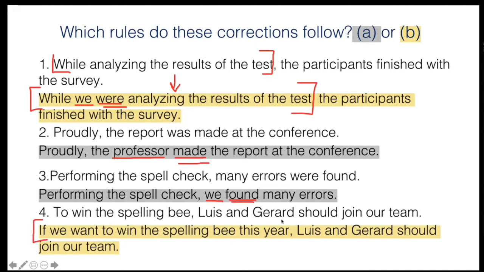We just decided to do it this way. If we want to win, something, something. So these are the 2 strategies we normally use. Of course, you can completely rewrite the sentence. It's up to you as well. You can just do it from scratch. But if you look at your writing and you like your sentence, but you feel that probably there is a dangling modifier, what can I do with this? Either add a subject or change the sentence into a subordinate clause.